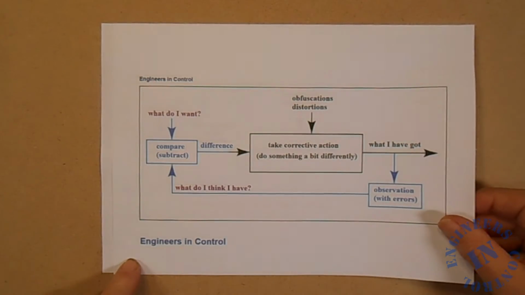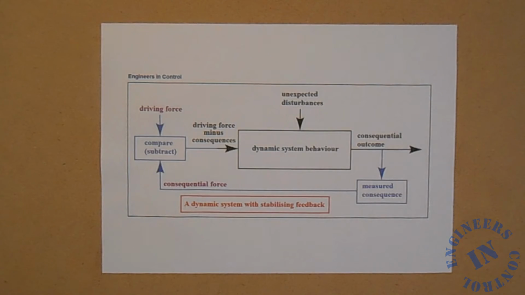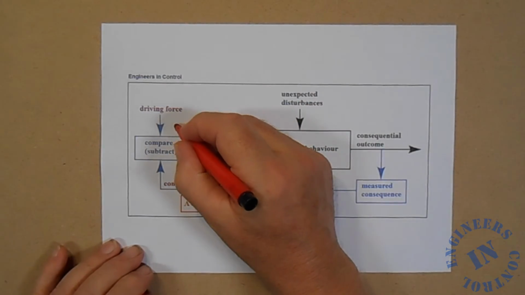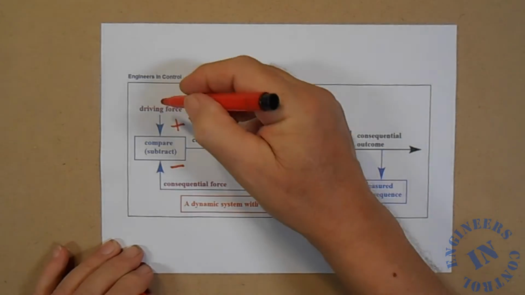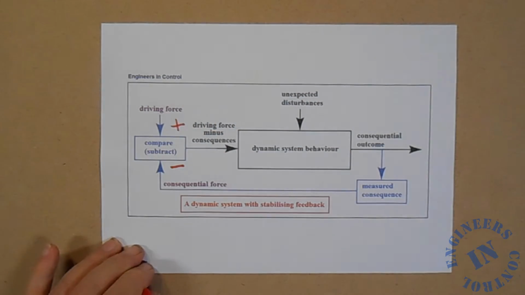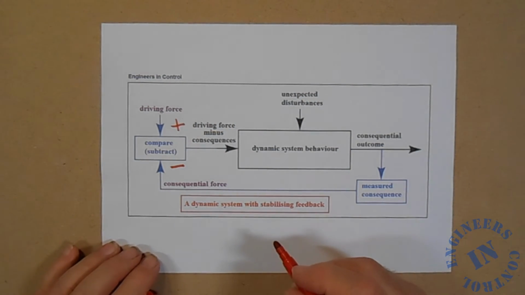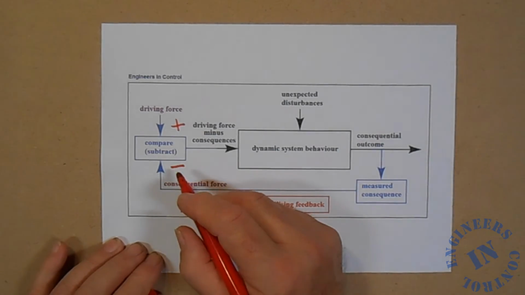Now let us look at this comparison process in a bit more detail. So we'll look at it in mathematical terms. And this comparison is important. So, in fact, in algebraic terms, the driving force, what it is that you want, is a positive, and the negative is a subtraction.